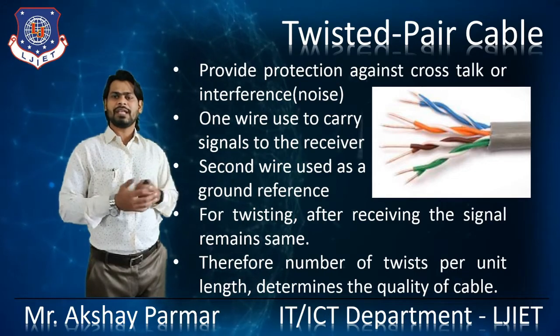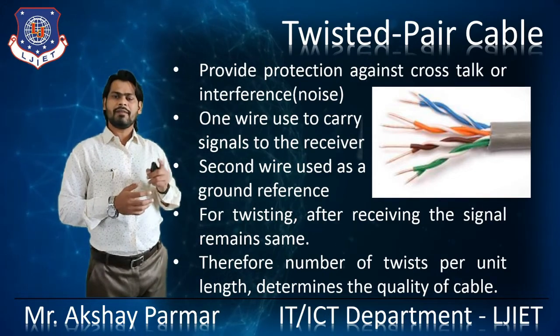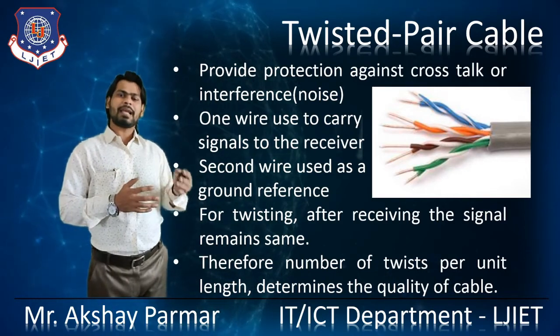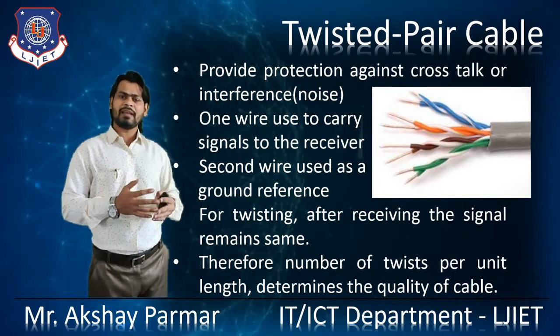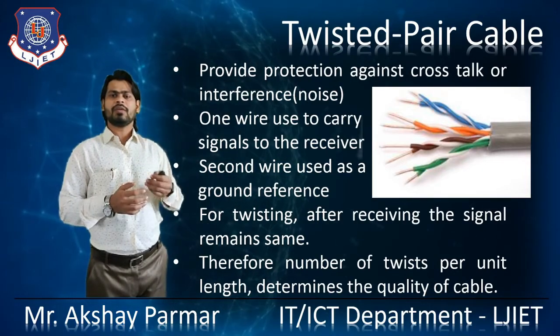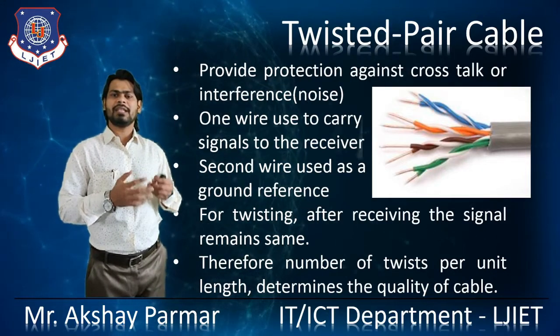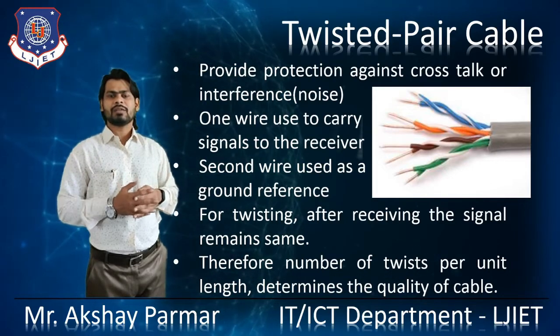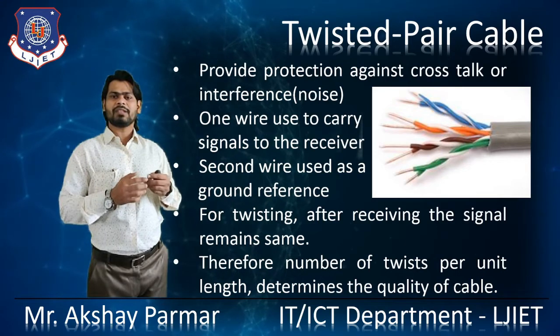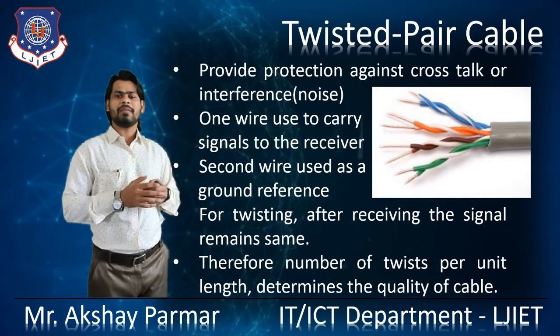In the twisted pair cable, two conductors are there, right? So what is their functionality? One wire is used to carry the signal to the receiver, whereas the second wire is used as a ground reference, right? Because of the twisting, after receiving, the signal remains the same. So why do we twist the cable? We twist the cable so that the received signal remains the same.